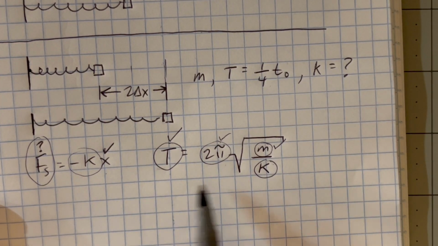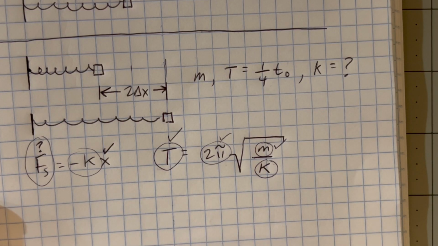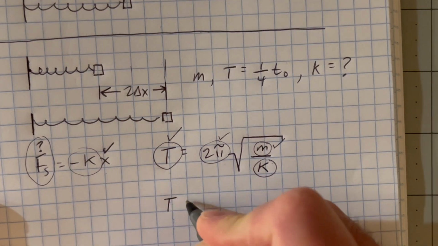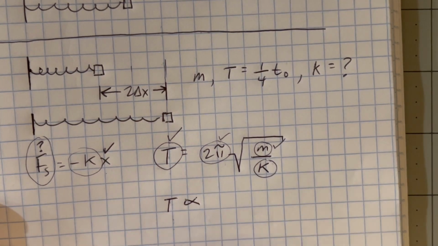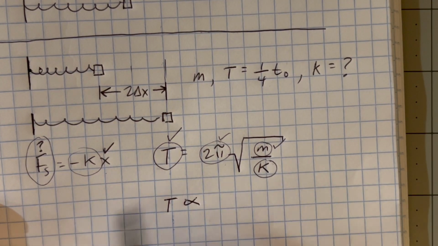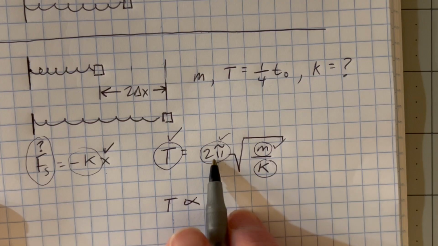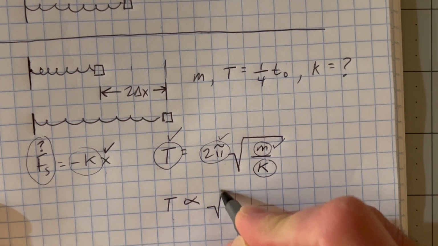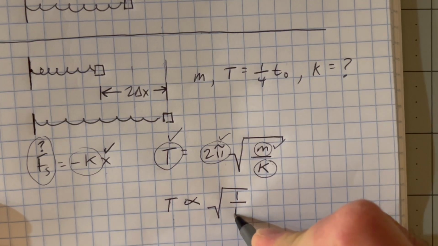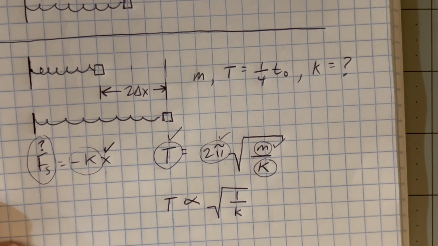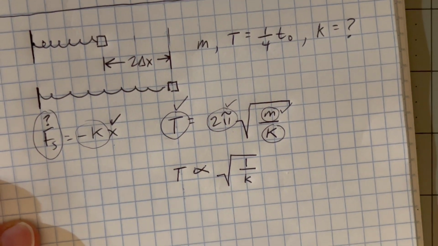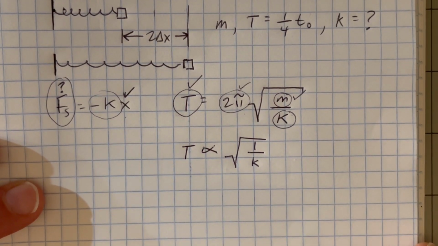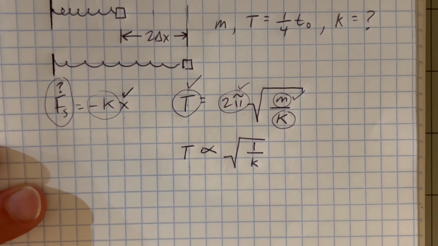So when you have constants, you can pretty much ignore them. So we could rewrite this as T is proportional to, and then just eliminate all the constants. 2 pi is a constant, the mass stays constant. So it's proportional to the square root of 1 over K. And then we can investigate what happens to K if T is changed.